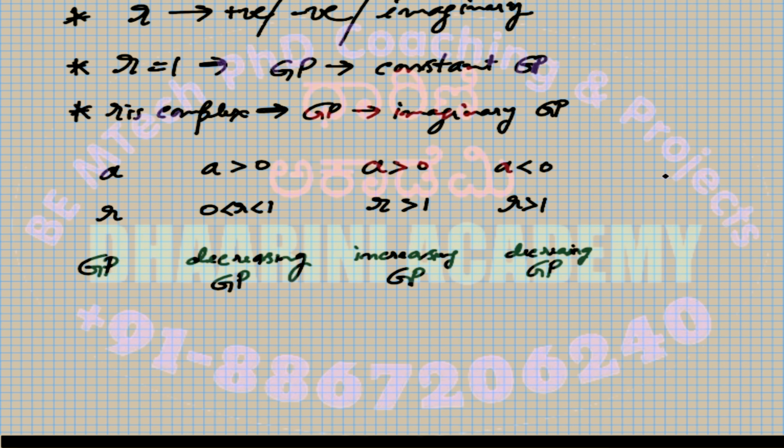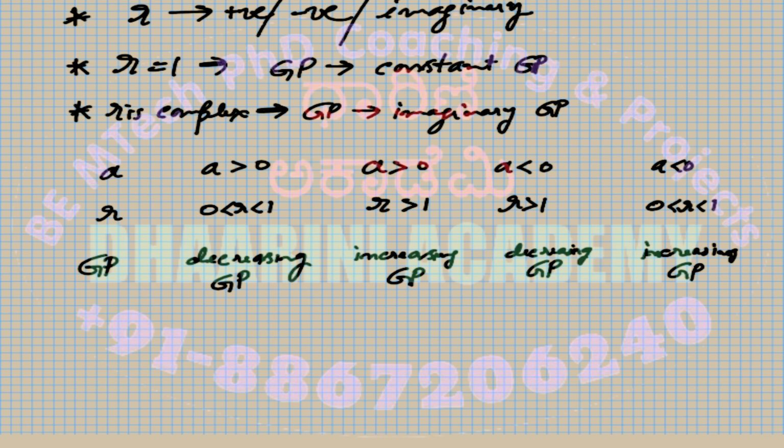Decreasing GP. And the final case is A less than 0, but R is between 0 and 1, right? So A is less than 0 and I'm multiplying by a number which is between 0 and 1. This actually keeps on increasing, but increasing on the negative side. Still, we call it an increasing GP.